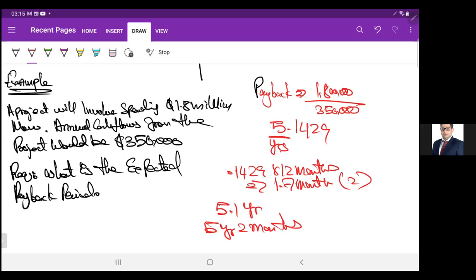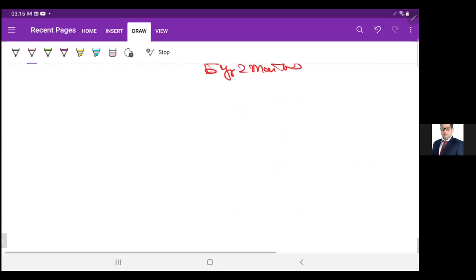Now let us move ahead, and we will look at what to do when there are uneven annual cash flows.